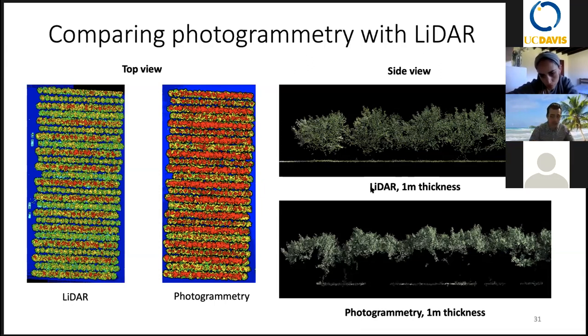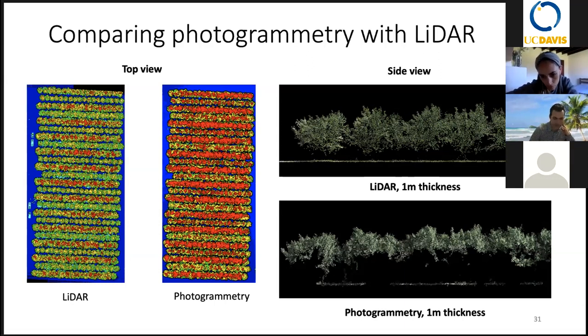Photogrammetry cannot do that, because in photogrammetry, we just look at the images. Whatever is visible in the image, we can stitch and estimate the distance and measure the height. That's why when comparing LiDAR and photogrammetry, we can see there are a lot of missing points within the canopy. But is that really important?